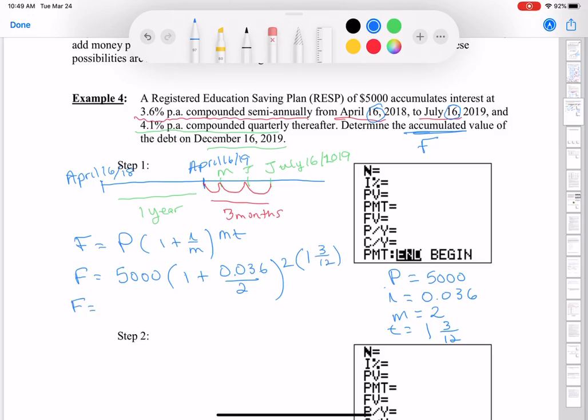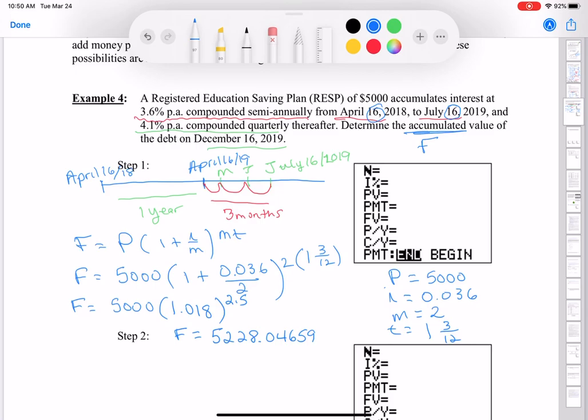And again, I'll just take a moment to clean up what is in the brackets. And perhaps simplify down my exponent. And then I can find my first future value of $5,228 and a bunch of cents.